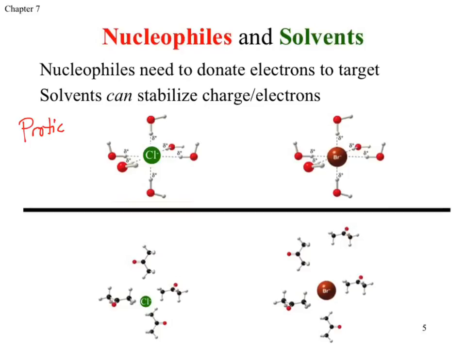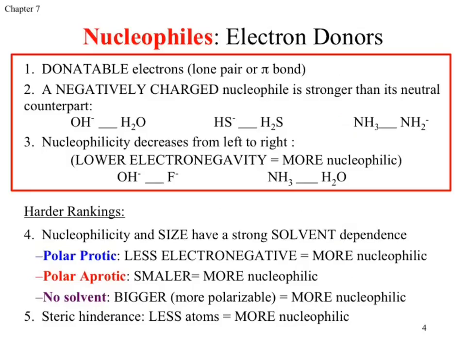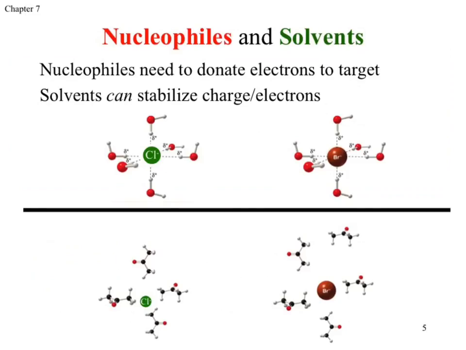Polar protic, less electronegative, more nucleophilic. Which one's less electronegative? Bromine. Which one's our better nucleophile? Bromine. So why is our bromine a better nucleophile? It doesn't have to do with size in this case. It really does come back to electronegativity.